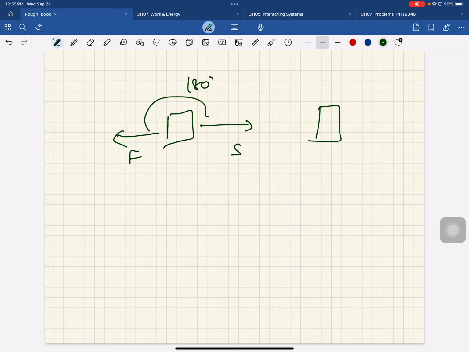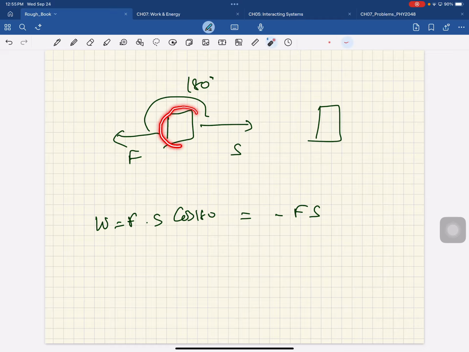This is 180 degrees, so the work done is force times S times cosine 180, which is minus force times S. Every time you do negative work on an object, you're removing energy from the object. When you want to stop a car, you're doing negative work on the car. So that kinetic energy of motion of the car, what happened to that? That all turned into heat.